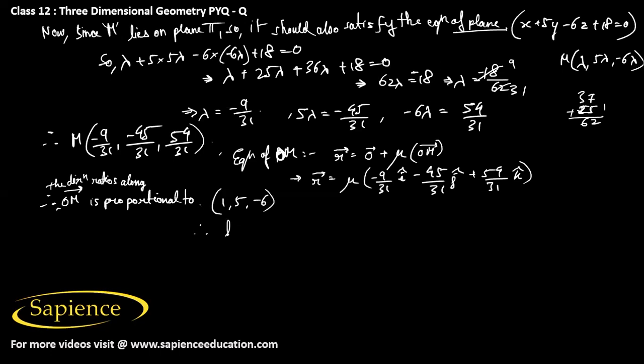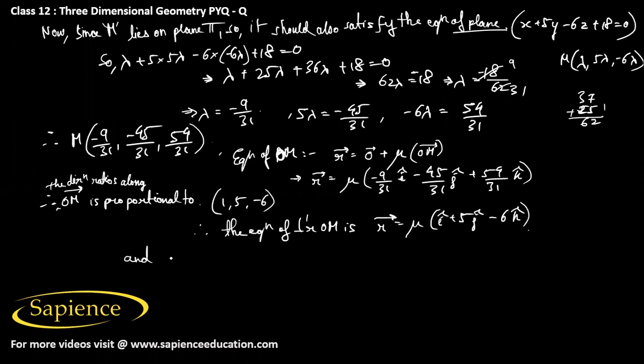So the required equation of the perpendicular OM from the origin is R vector equals mu into I cap plus 5 J cap minus 6 K cap.